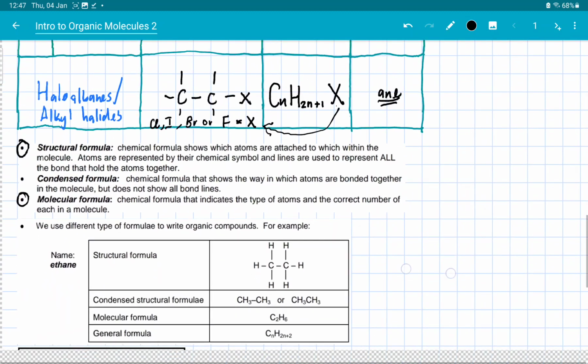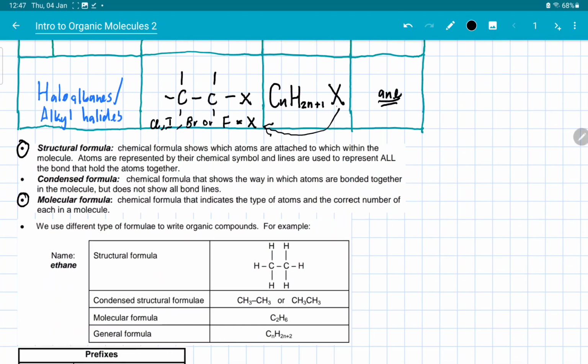And then if we look at the condensed structural formula and the molecular formula, we derive it from the general formula, which for alkanes is CnH2n plus 2. N stands for the total number of carbons present in the molecule.